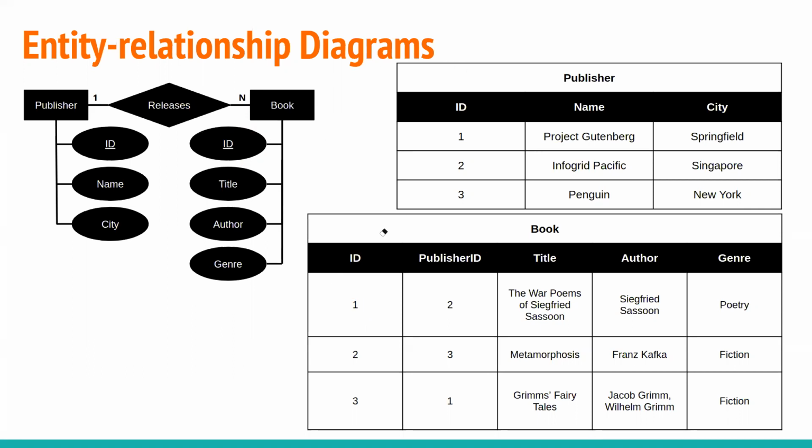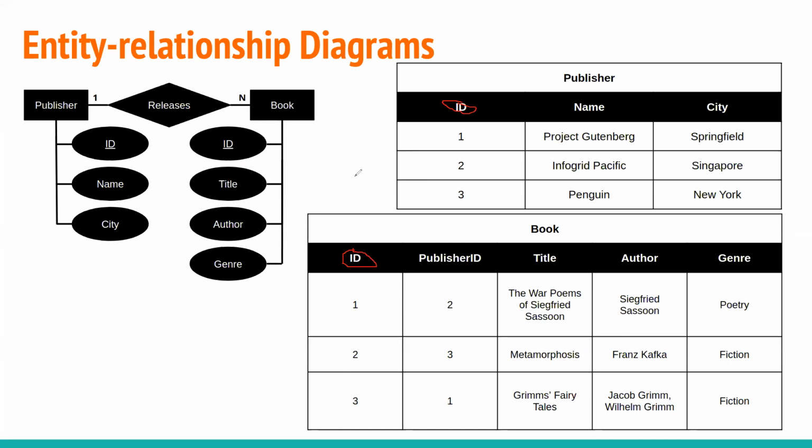So cool. What is this telling us? Number 1, the primary keys of each table. In the publisher table, the primary key is ID. And in the book table, the primary key is also ID. So each item in each of these tables is uniquely identifiable by its primary key. I want the title of book 2.